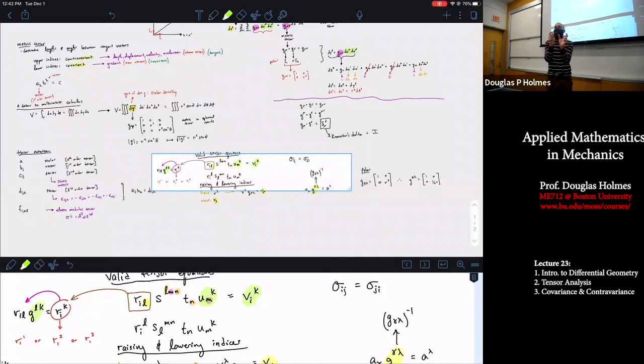You can take that tensor and write it in covariant form, multiply it by the metric tensor to get its mixed form, and multiply it again by the metric tensor to get its contravariant form. I wish I had written down an example of that, and I don't want to screw it up here, which I certainly would.